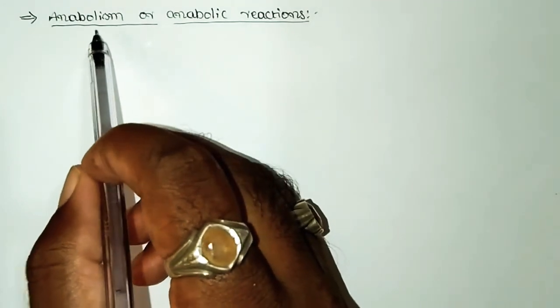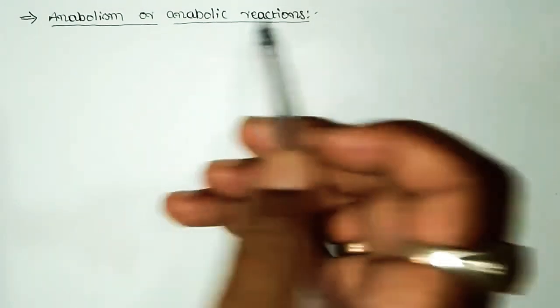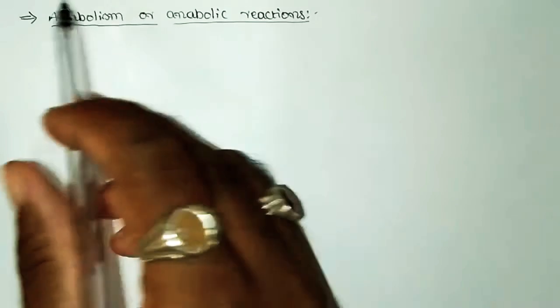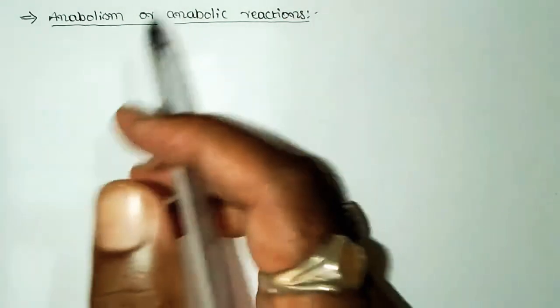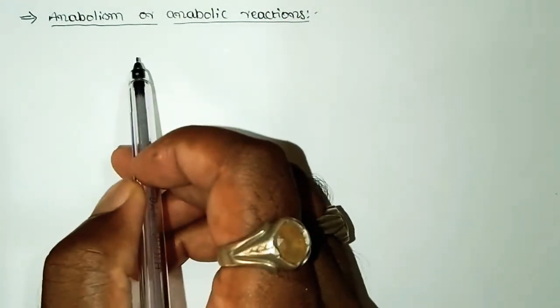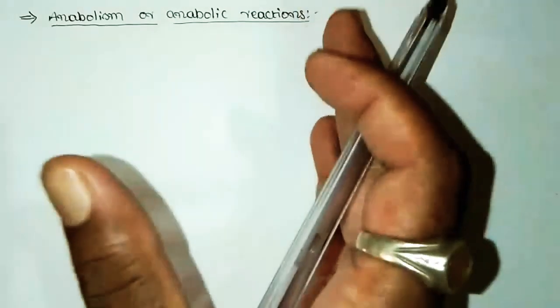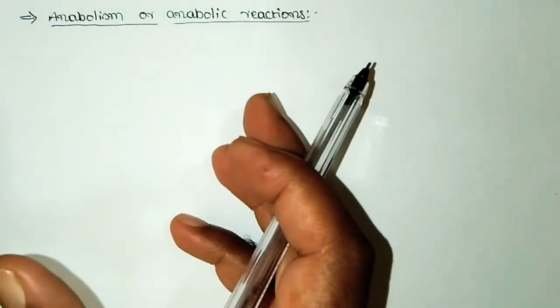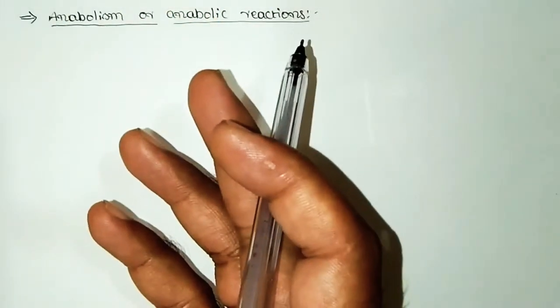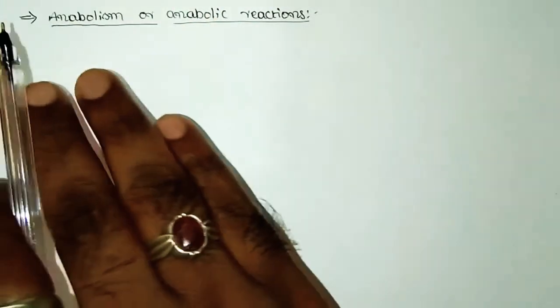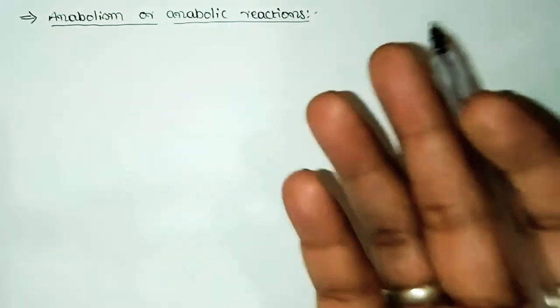Next, we shall see about the second type of metabolism, that is anabolism or anabolic reactions. We said in case of catabolism, the larger nutrient molecule will get broken down to give the simpler monomers of it. And in case of anabolism, whatever smaller or simple components are produced by the breakdown of the larger nutrient molecule will be converted into the needed larger or complex molecules.